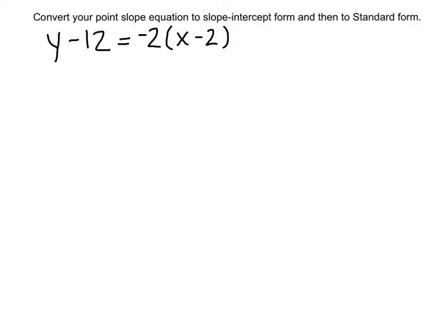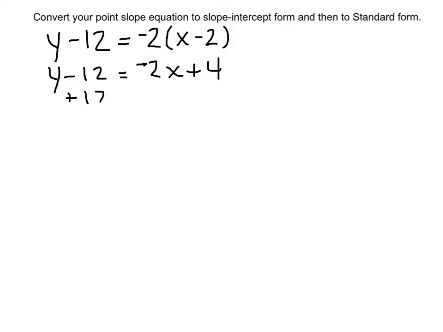The next step is to take the point-slope equation that you made and convert it to slope-intercept form and then to standard form. So I'm going to simplify -2x plus 4.